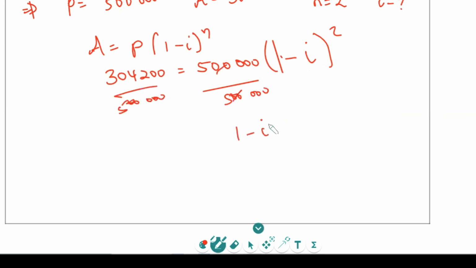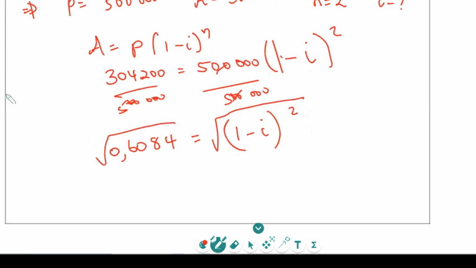I'll have 1 minus I to the exponent of 2. This is going to give me 0.6084 and so on. Then I can take square roots on both sides. So the square root of 0.6084 gives me 0.78, which is equal to 1 minus I.